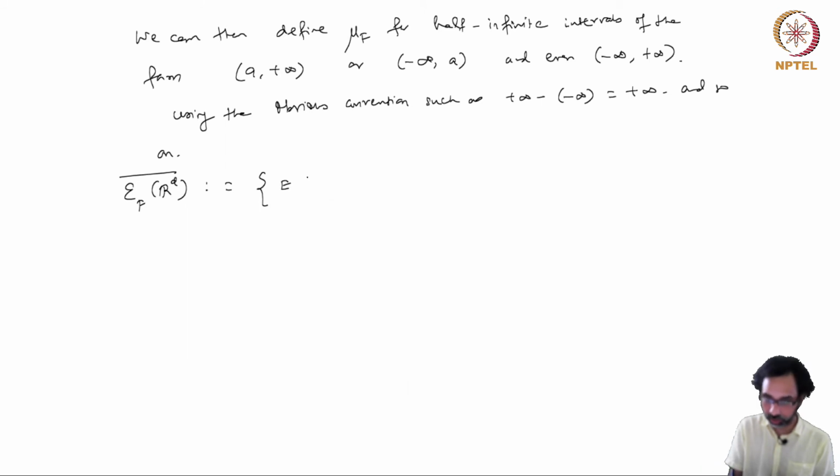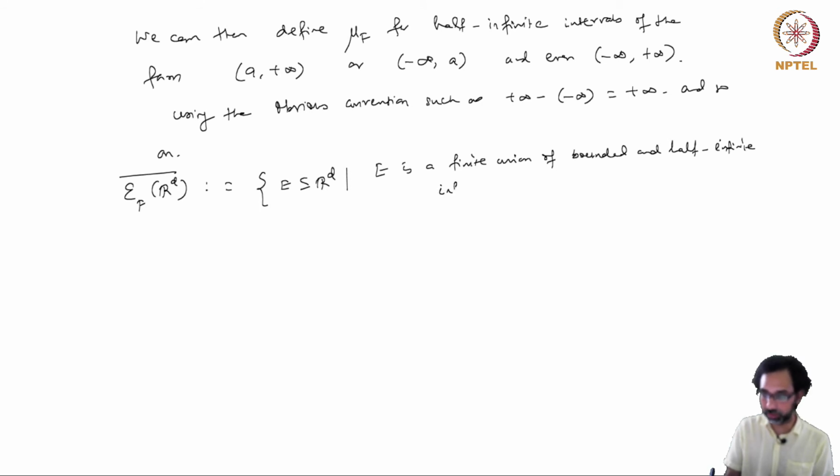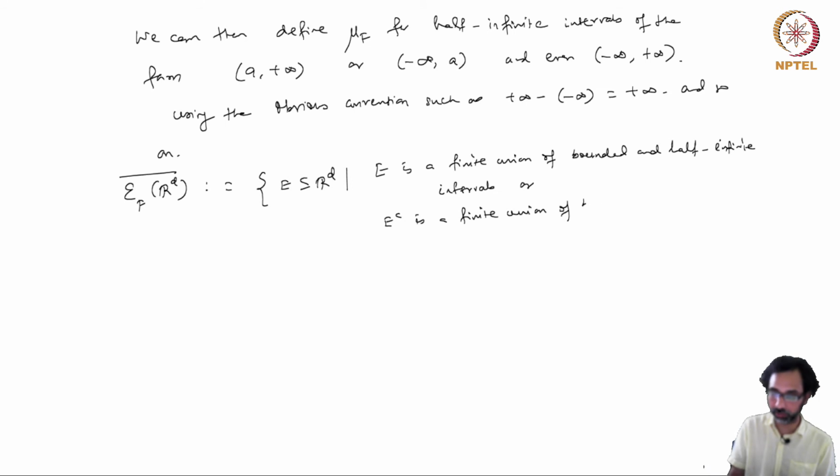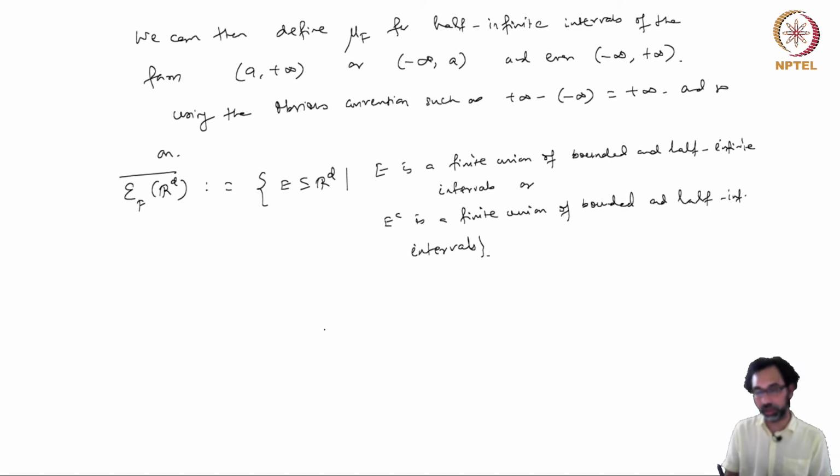So E is a subset of Rd such that E is a finite union of bounded and half infinite intervals, or the complement is a finite union of bounded and half infinite intervals. So this gives us a new Boolean algebra. One can check that this is a Boolean algebra.